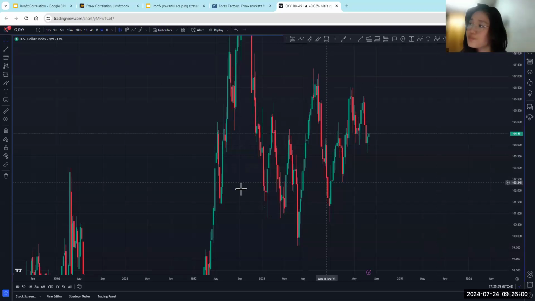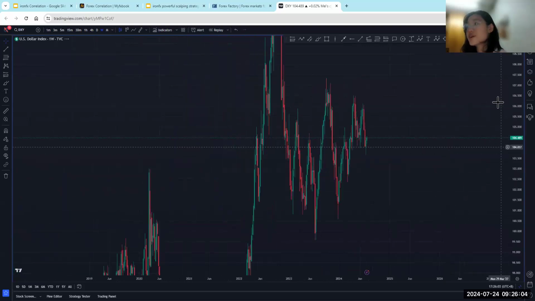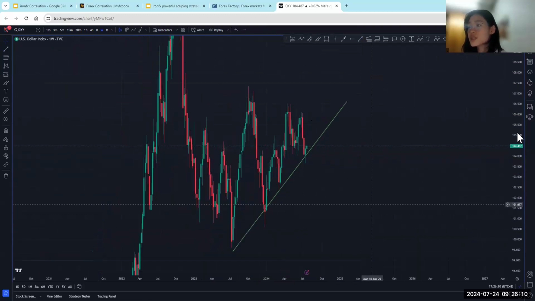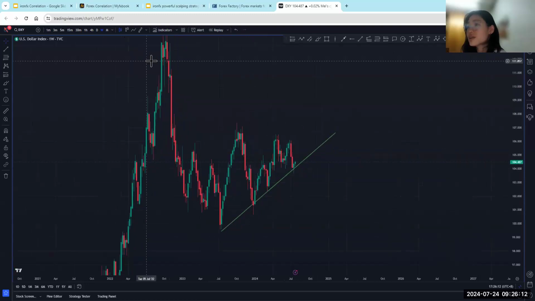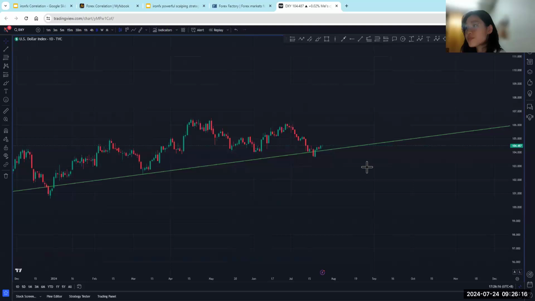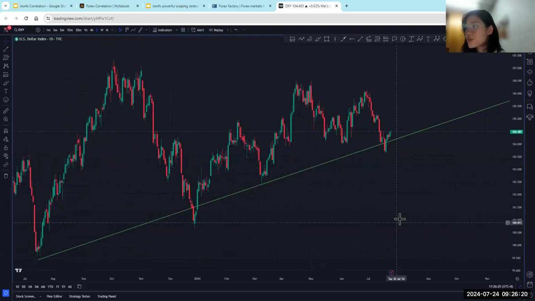Okay, so on our weekly time frame, we see prices moving in this uptrend, in this ascending trend line. And if we compare this on our daily time frame, again, you see prices moving in an uptrend.